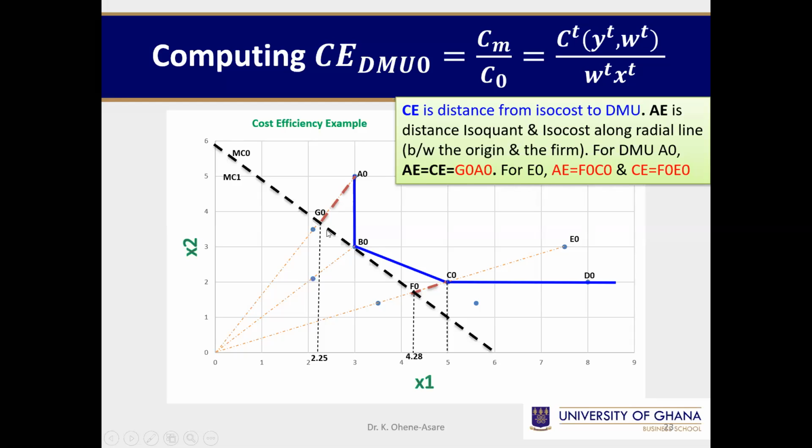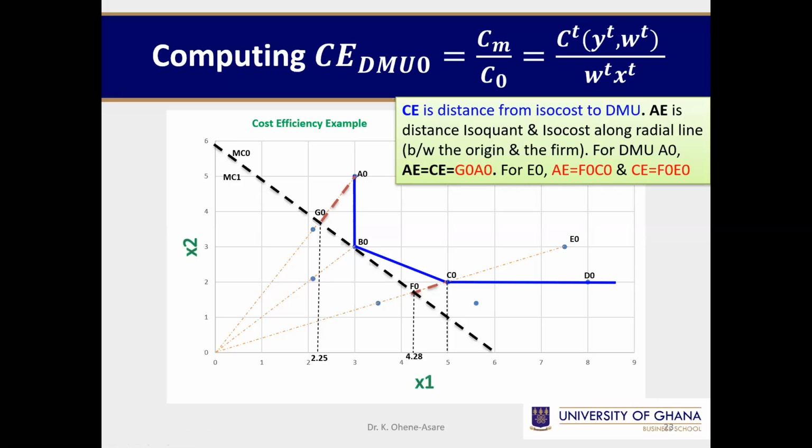So OJ, if you look at the graph down here, OJ will give you a value of what when you read it on the X1 axis? 2.25. So OJ will give you a value of 2.25, and OA will give you a value of 3.